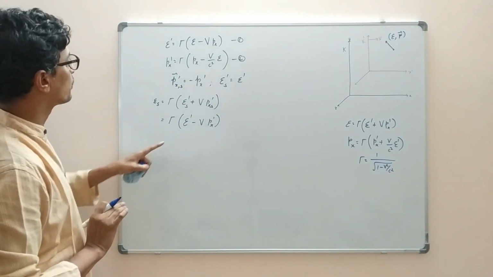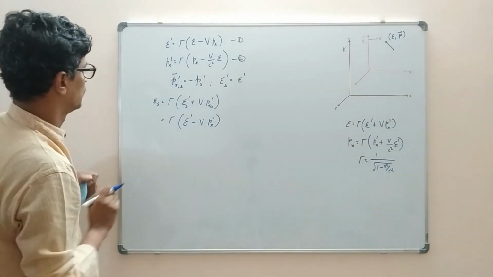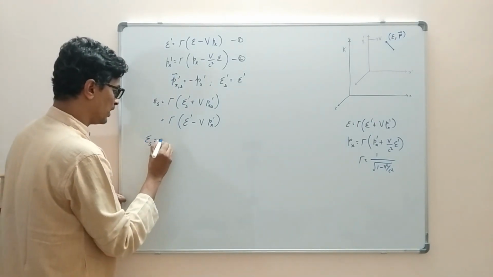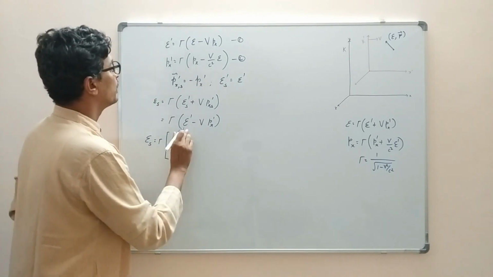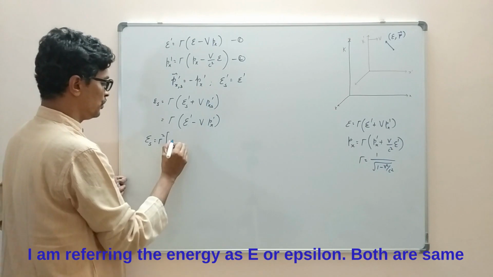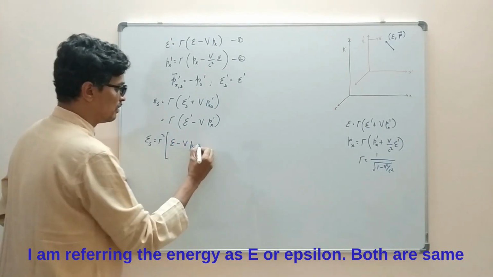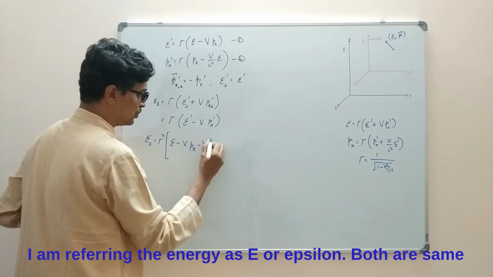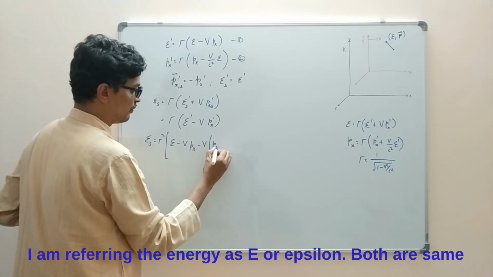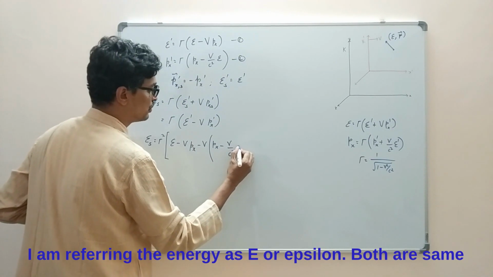Fine. So now we are going to substitute for the E prime and Px prime. Let me substitute from here. So what you are going to get, your epsilon S is equal to gamma times E prime, so there is our 2 gamma, so it becomes gamma square, times epsilon minus V P of X minus V into P of X minus V by C square into epsilon.